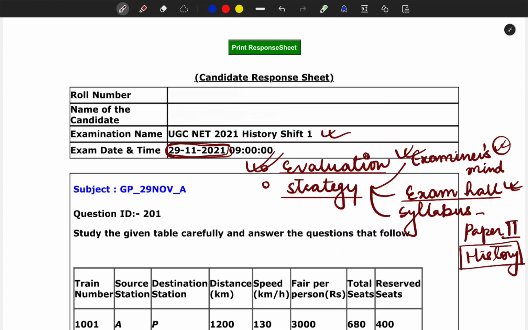Whatever is in your brain, that only is going to work there. So this evaluation will be done on the basis of a real time example only, how your brain will function in real time, and I'll try to stick to that.